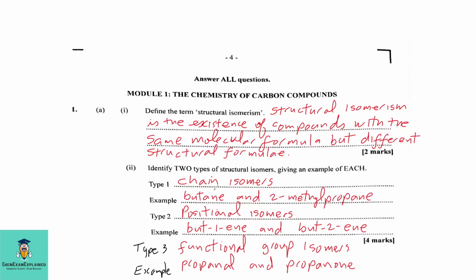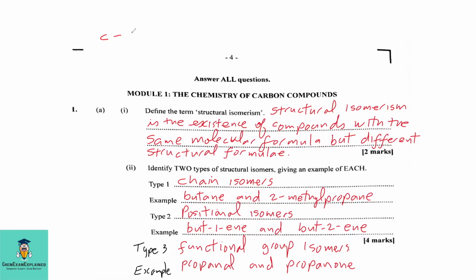Now the question asks for 2 types, but let's go with a third type. And the third type could be a functional group isomer, where we are going to change the functional group of our molecule to another functional group. So in this case, we can start with propanal.